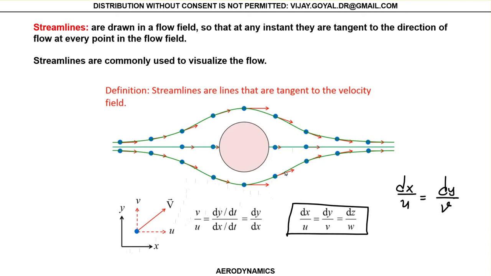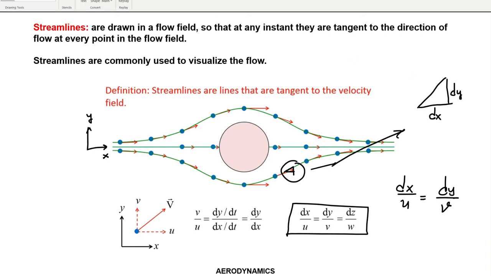So if I take a small particle and I call this x and this y, that small particle is going to have two components. If I zoom this out here, this component looks like this: a small infinitesimal element in x, and also a small infinitesimal distance in y.